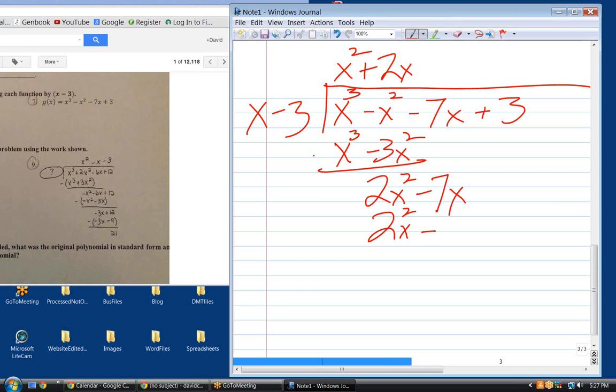I multiplied 7 times 3, multiplying that times the minus 3. Oh, right. So that would be minus 6x. Subtract. That would be 1x.